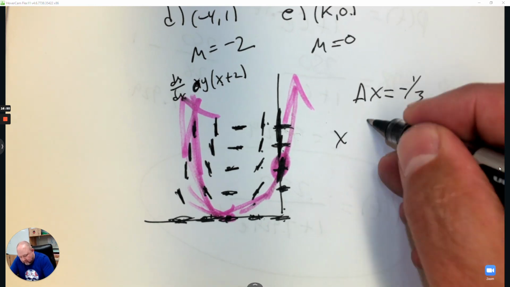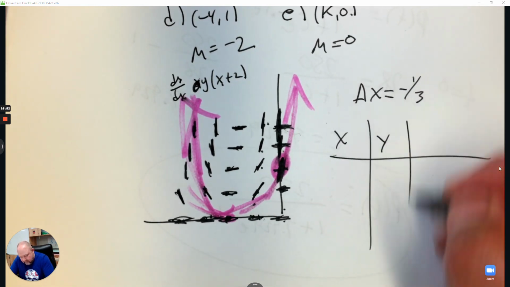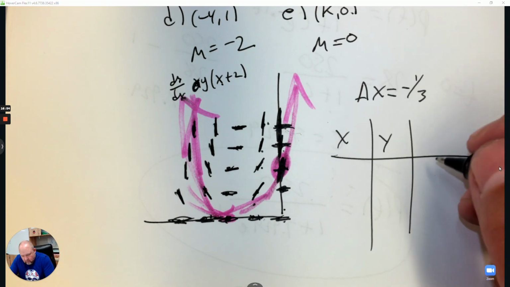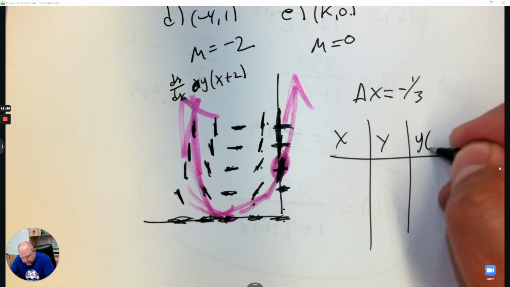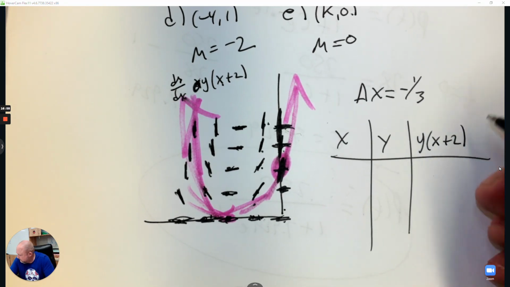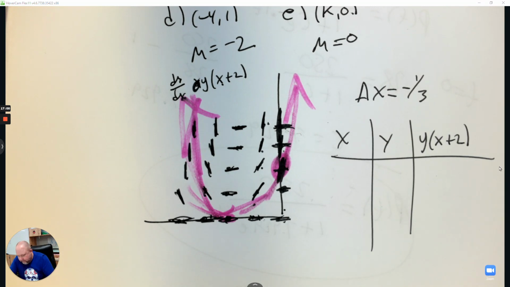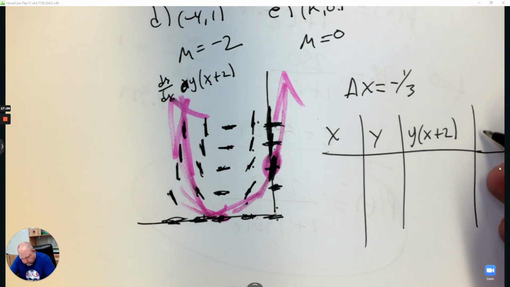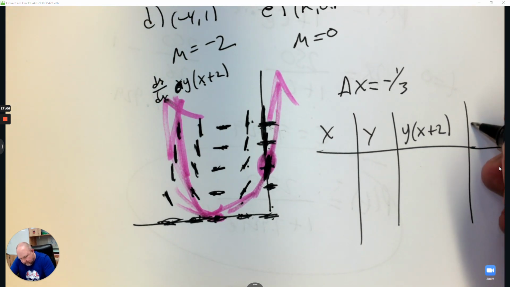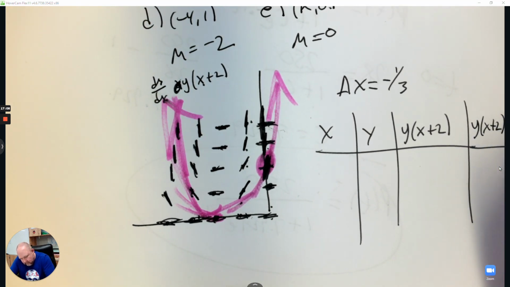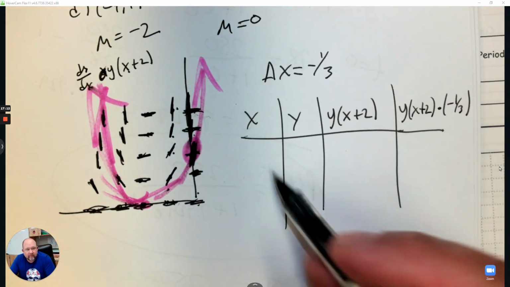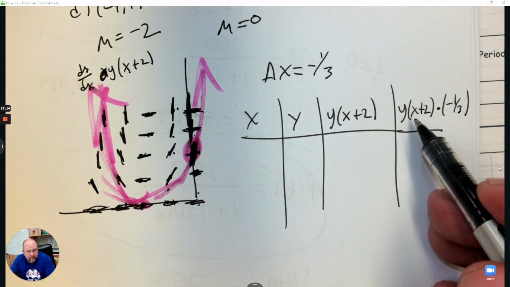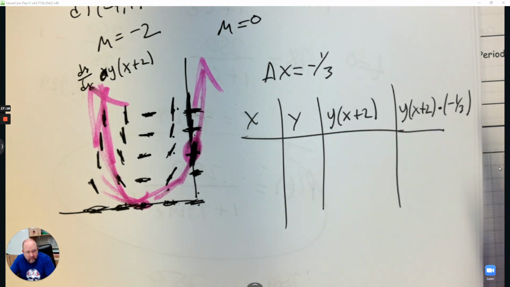So let's do a little chart here to organize this. We have the x, the y, the slope, and then the slope times the change in x, which is -1/3.